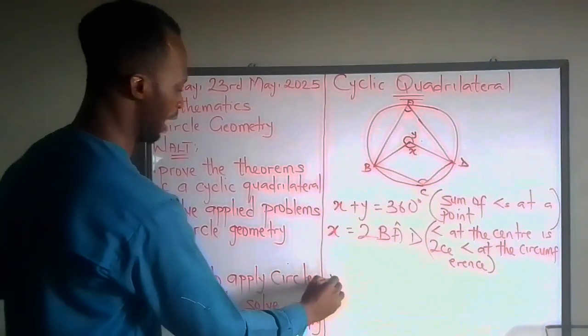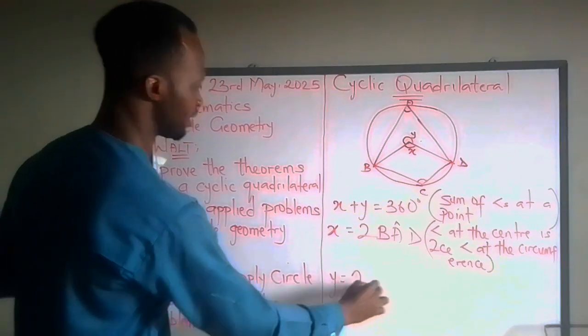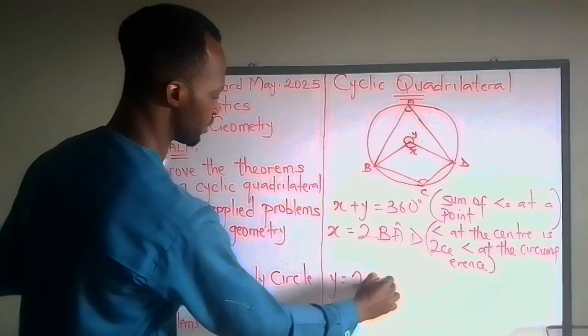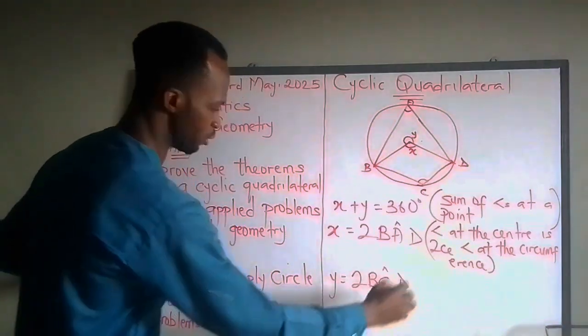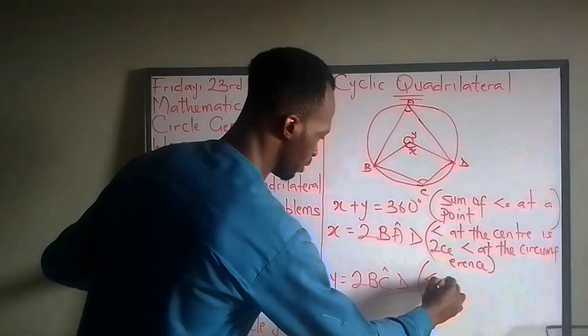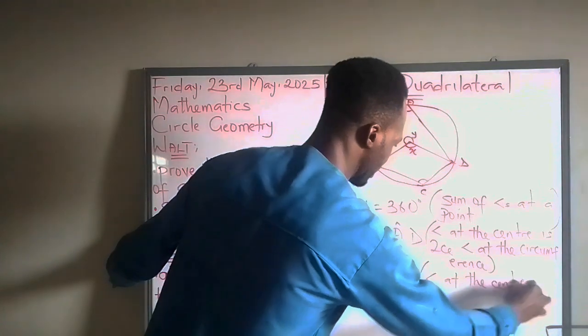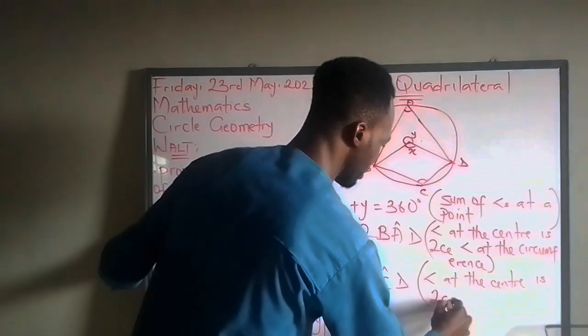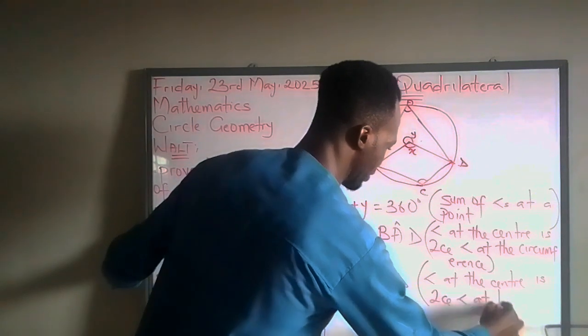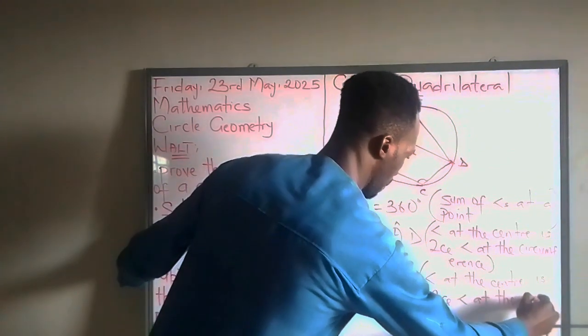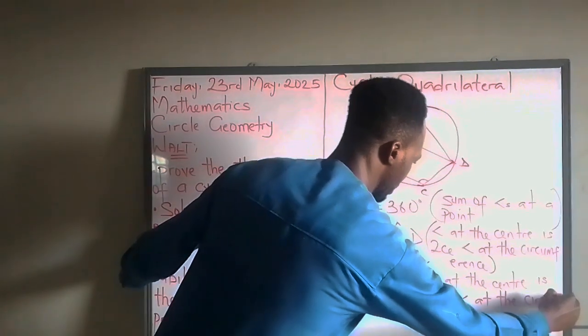So write y is equal to twice angle BCD. We have the same reason. Angle at the center is twice angle at the circumference.